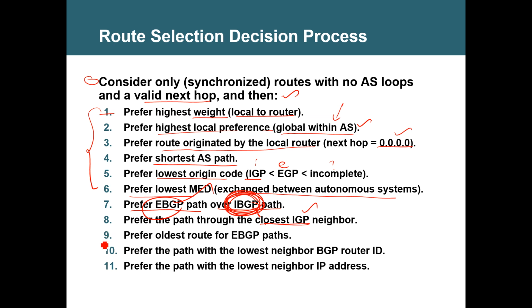What if both are eBGP? This was eBGP over IBGP, this is both IBGP. What if both are eBGP? Then it prefers the eBGP neighbor who gave the route first, at the beginning. That is the oldest route.